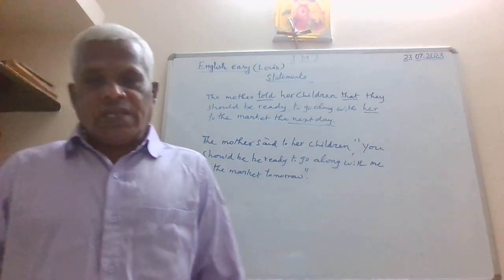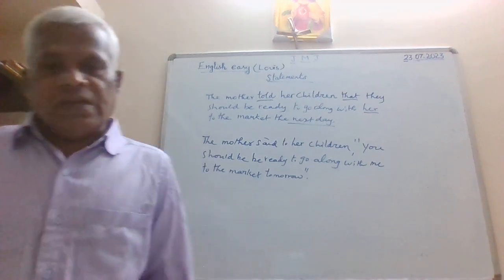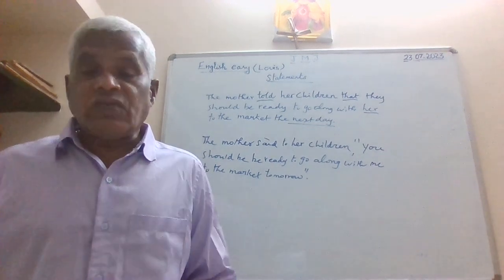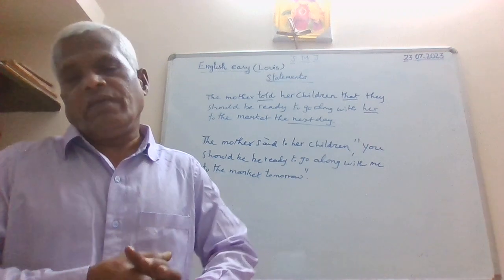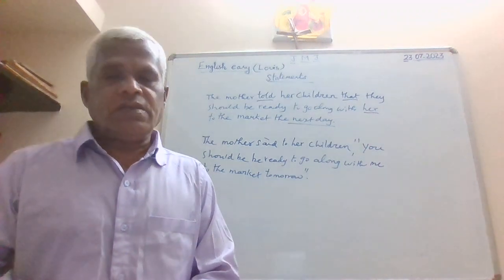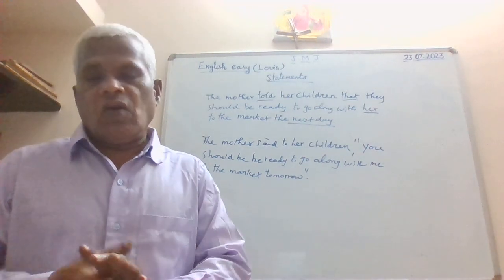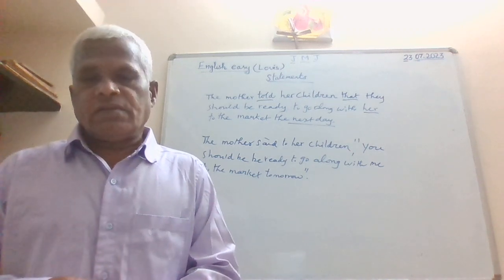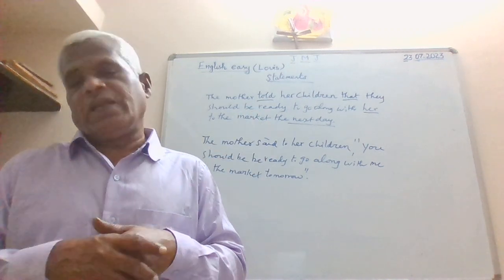And I think this is enough as far as statements are concerned. Of course, the tense will be varied from sentence to sentence. You can have all kinds of sentences and tenses along with the statements there.